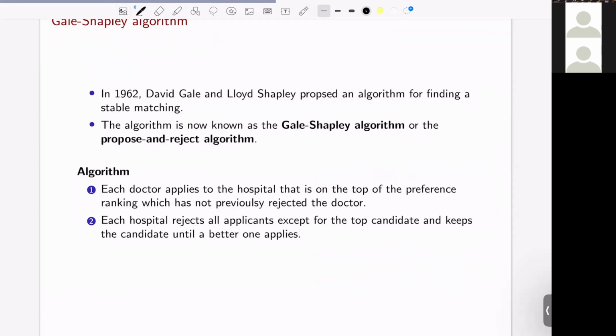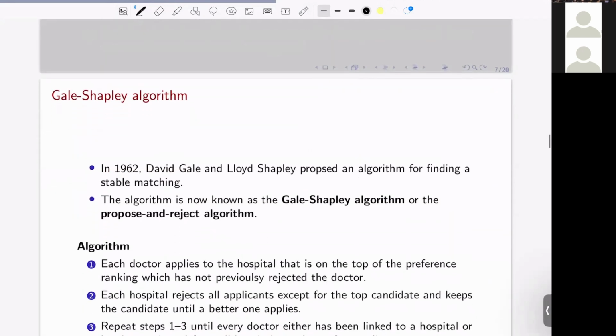A hospital can take the top candidate, but later maybe another doctor applies to this same hospital and has better potential. Then this hospital can reject the earlier person and replace them with the better candidate. And doctors have to lower their choices depending on whether hospitals reject them or not. This is the propose and reject algorithm.